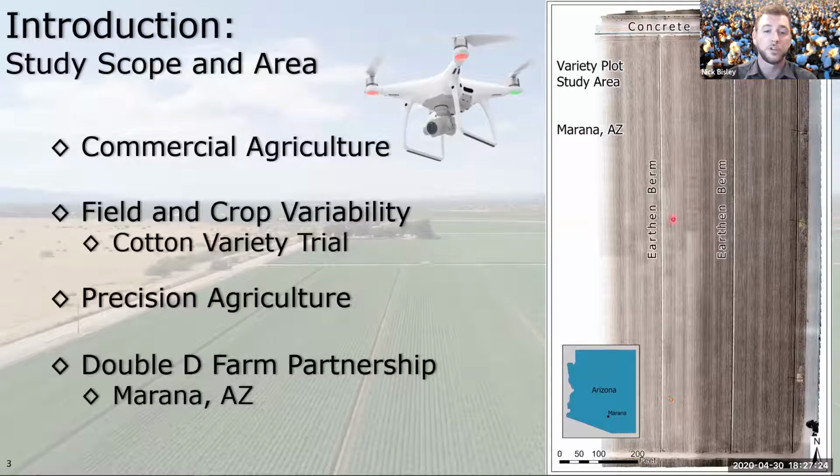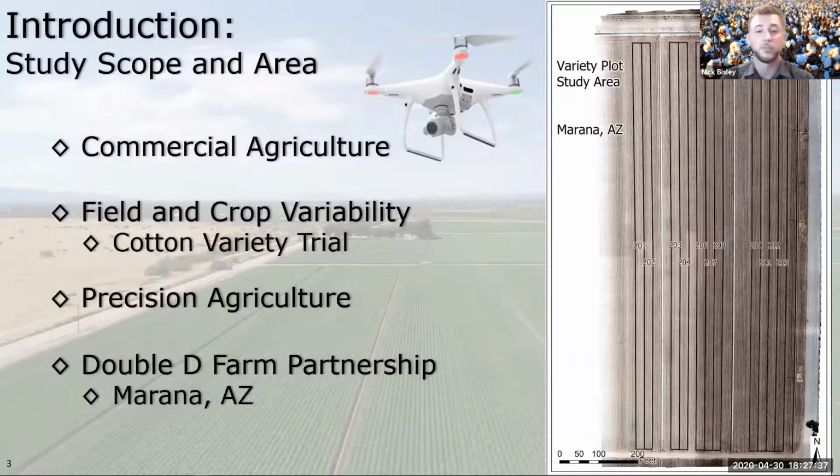These earthen berms are there to divide the field up and create areas that the water can divide itself and spread across the field. And here are the 13 plots that are along the length of the field. They're each about 6 rows wide.